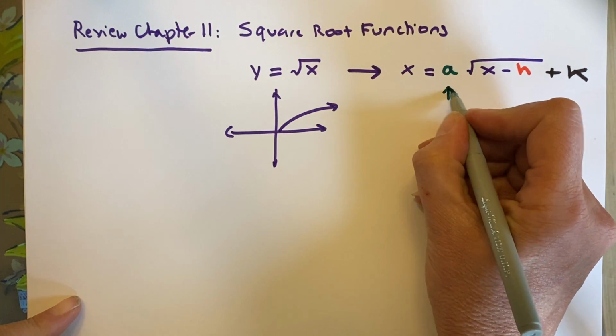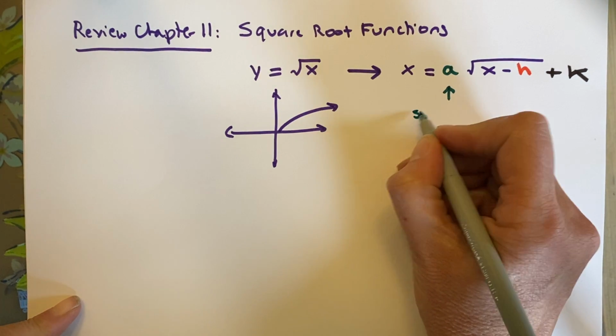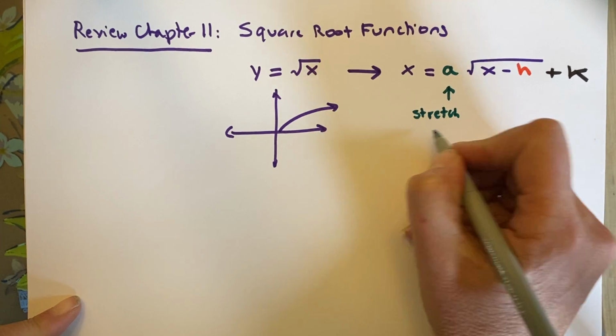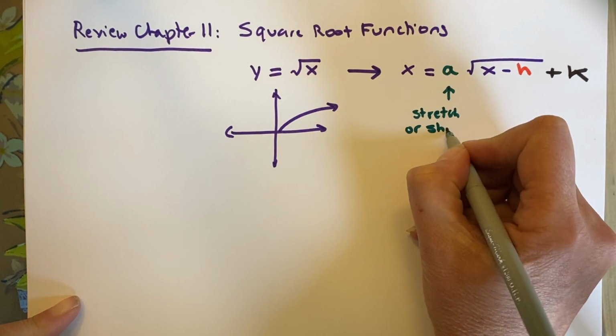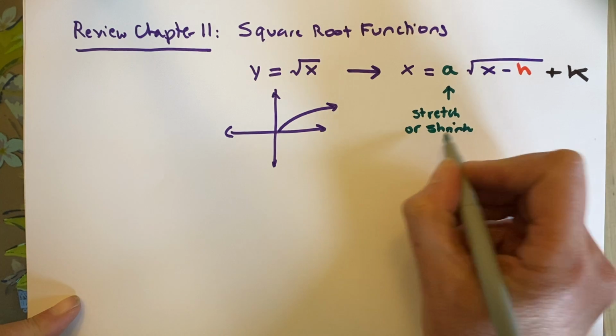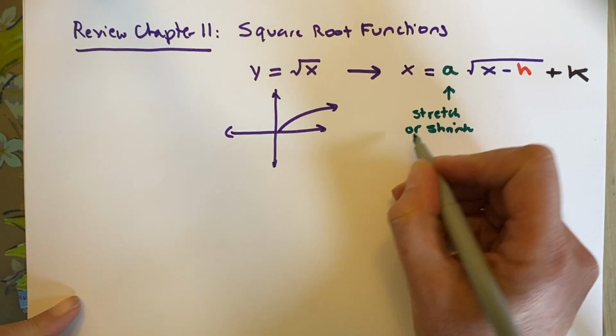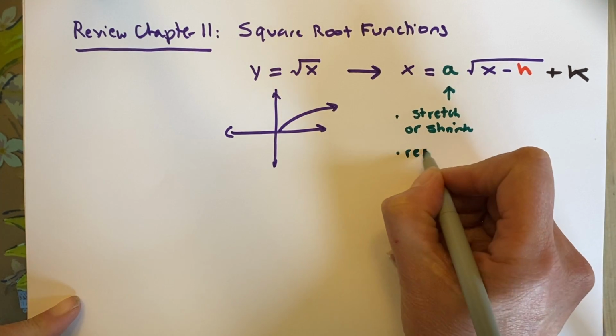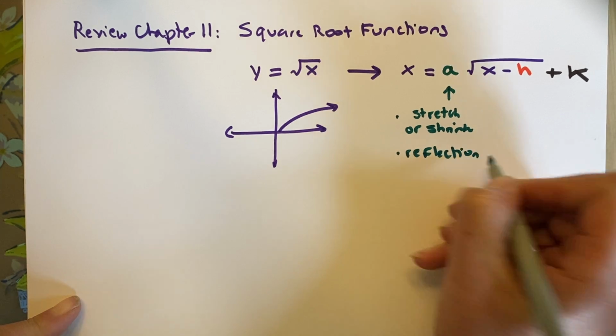And just to review, a means a stretch or a shrink. It also means a reflection if it's negative.